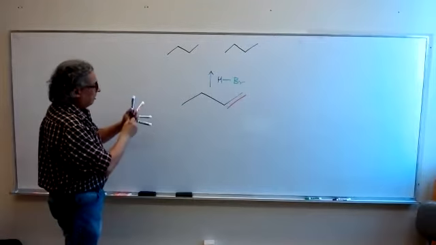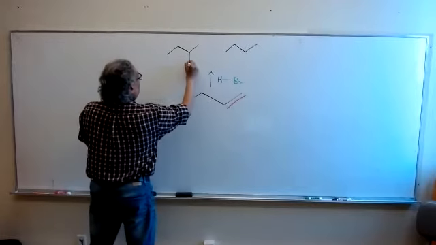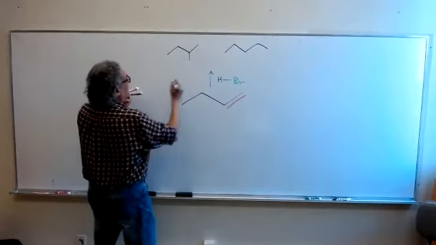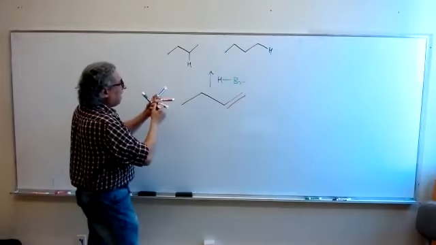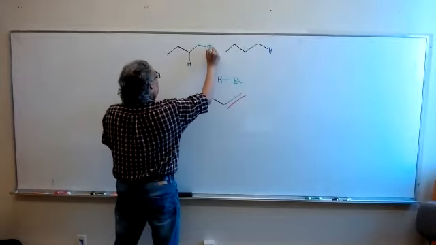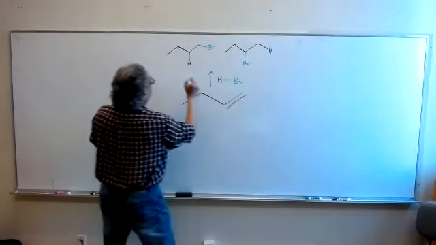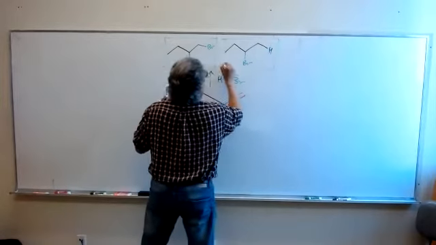In one product, H is going to go here. In the other product, H is going to go there. And the bromide anion is going to go here, or there. So this is product number 1, and this is product number 2.